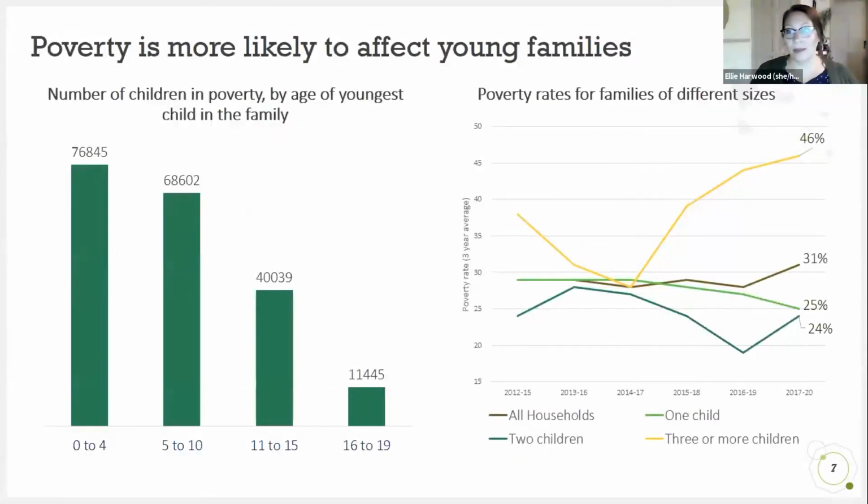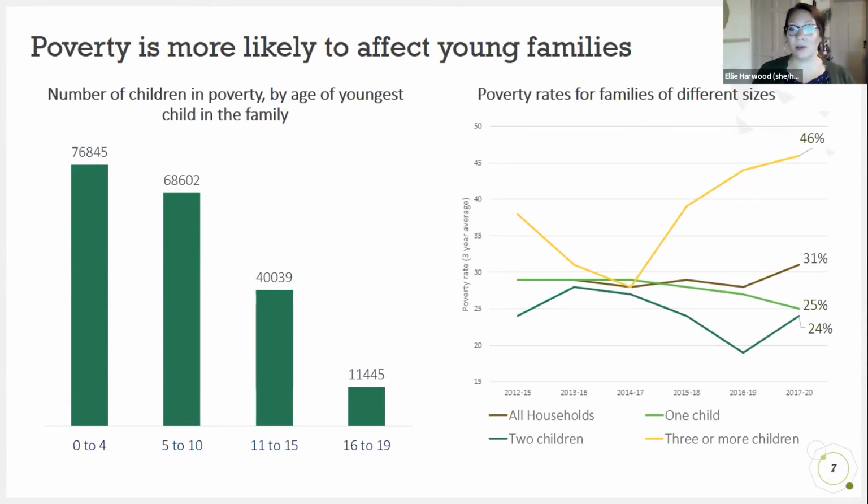So, I do a lot of work on child poverty, and one thing the poverty data really shows us is that poverty is really, really concentrated in families with young children. So we have a set of welfare policies from Westminster, but also Welsh Government's own policy as well, around supporting families.